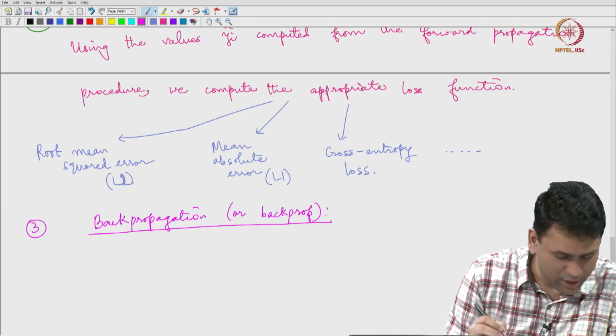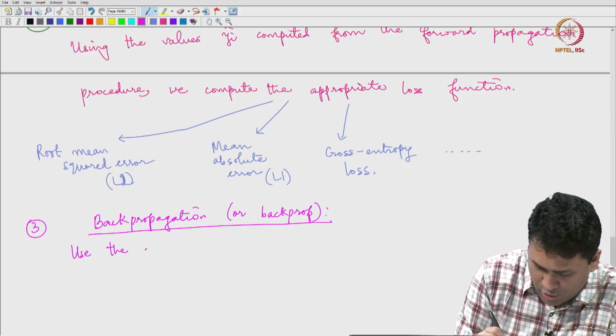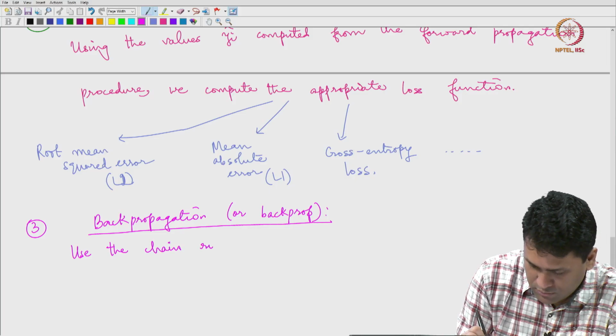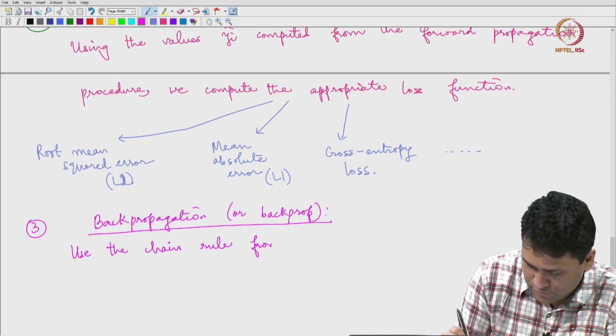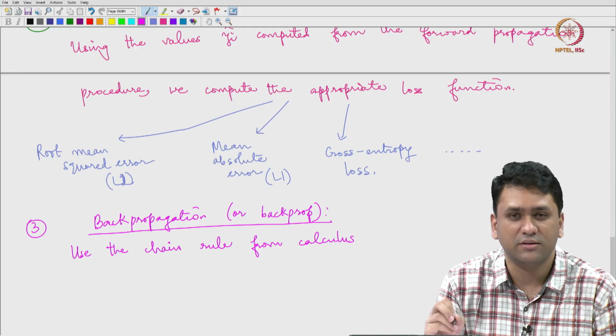In back propagation we use the chain rule from calculus, and it will become apparent in a minute why we have to use the chain rule here.